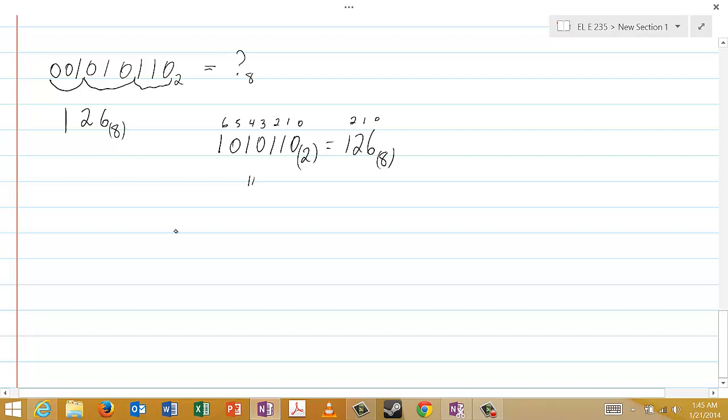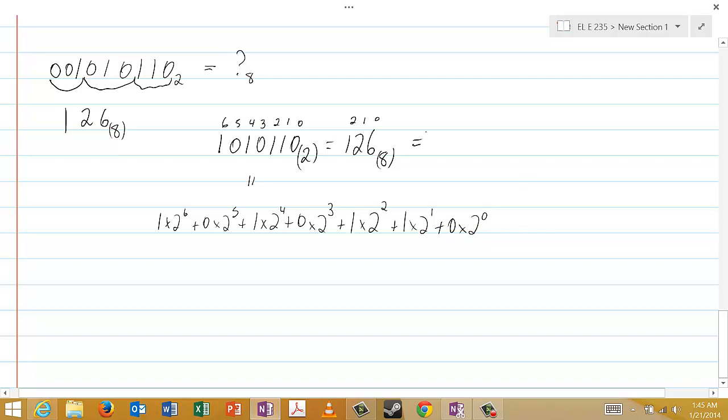So the number on the left is equal to 1 times 2 to the 6th power plus 0 times 2 to the 5th power plus 1 times 2 to the 4th power plus 0 times 2 cubed plus 1 times 2 squared plus 1 times 2 to the 1st power plus 0 times 2 to the 0th power.